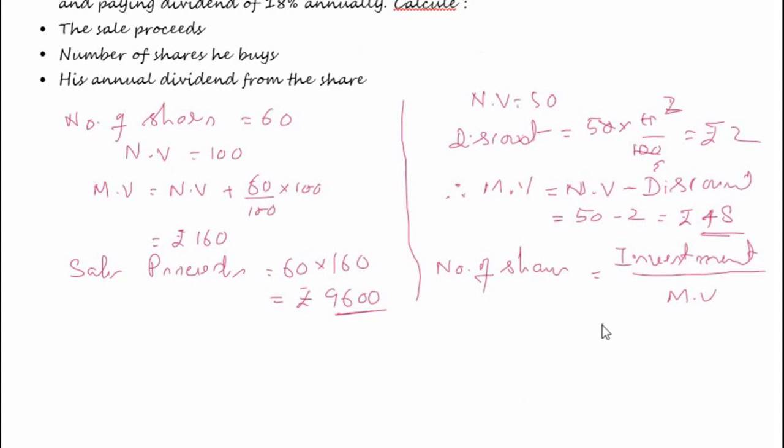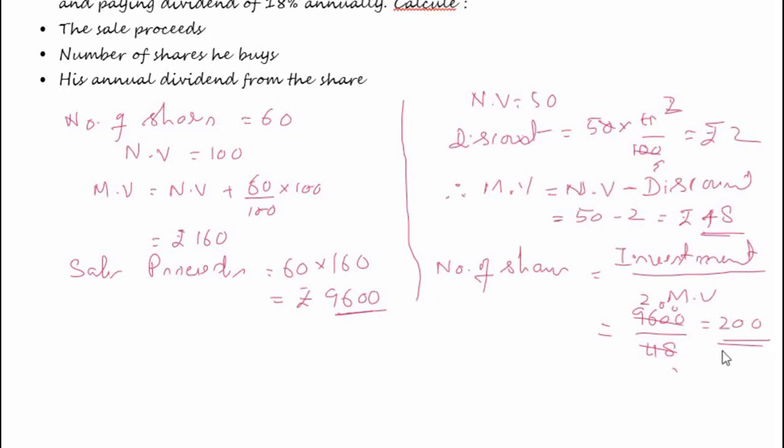Investment, his sales proceeds, is 9,600. The entire thing he invests, and the market value is 48. So 48 twos are 96, so 48 into 200 gives 9,600. So he gets 200 shares of the second company.